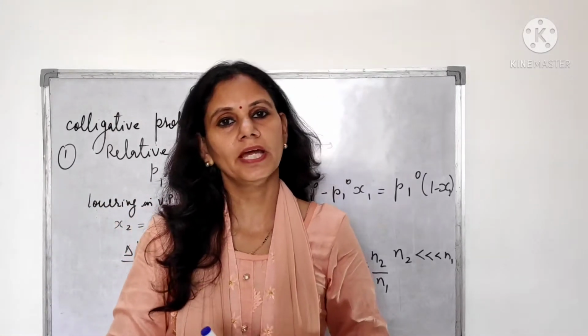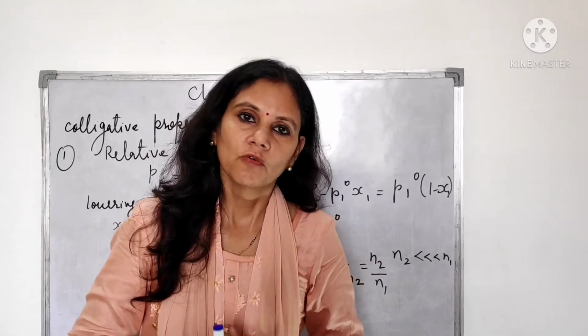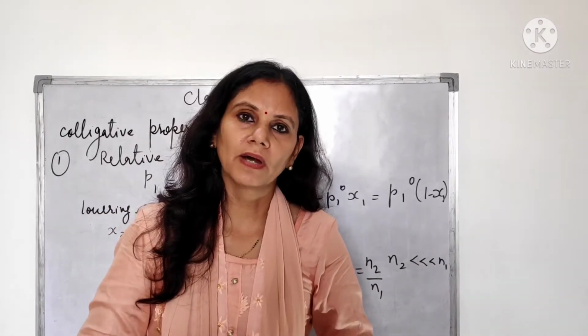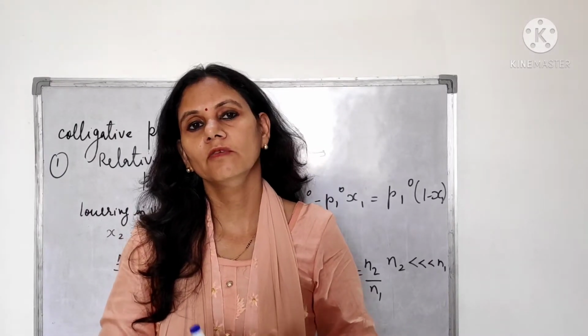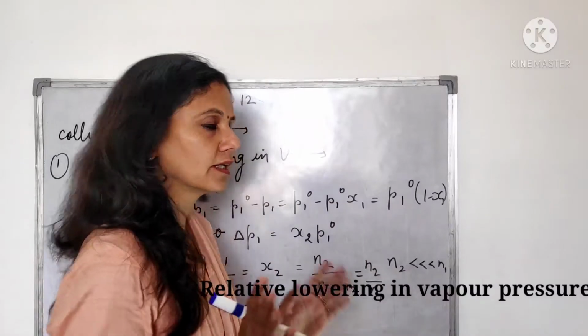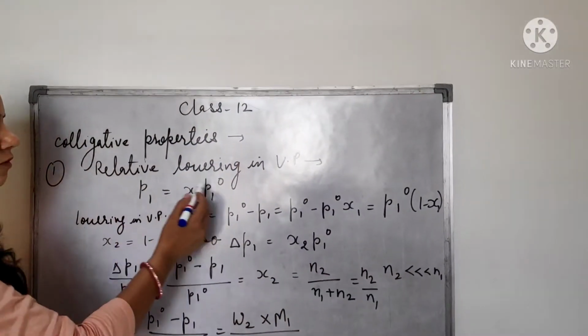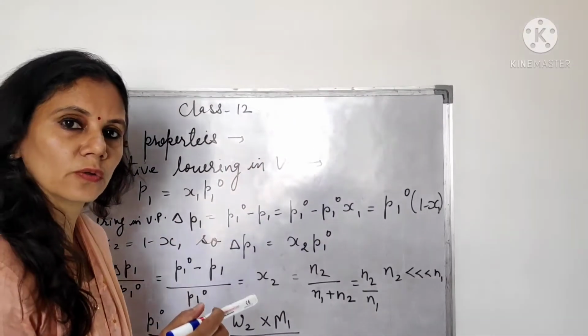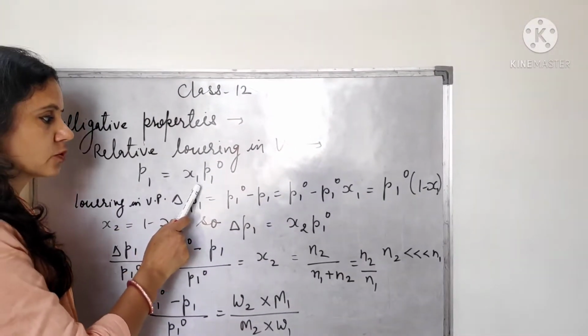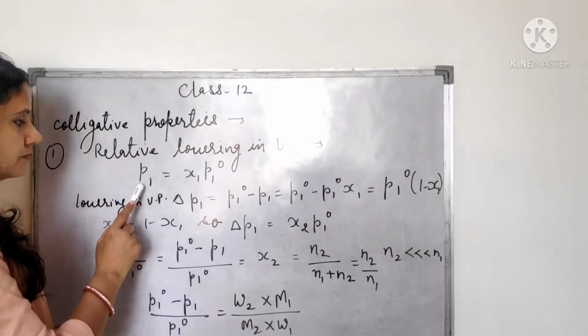This is a derivation. From that we can find the unknown solute's molar mass, its moles, or its weight in grams. According to Raoult's law, we have this equation: P1 equals X1 P1 naught.